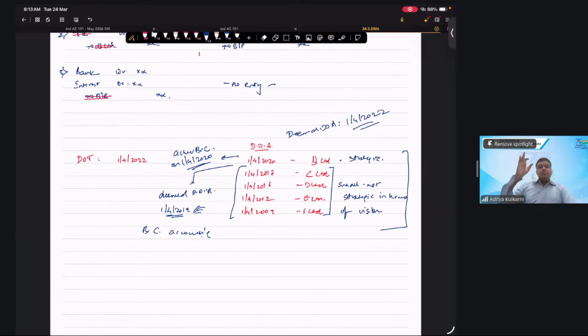On 1st April 22, they will calculate fair value, they will calculate everything right on 1st April 22, and then they will do the deemed date of acquisition. From 1st April 22 onwards, they will do the accounting. They will take fair value on the date of acquisition. They will take fair value of the consideration on the date of acquisition. They will find out goodwill on the date of acquisition. Is it okay? Yes.